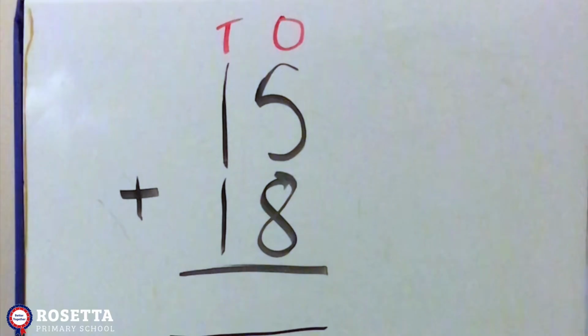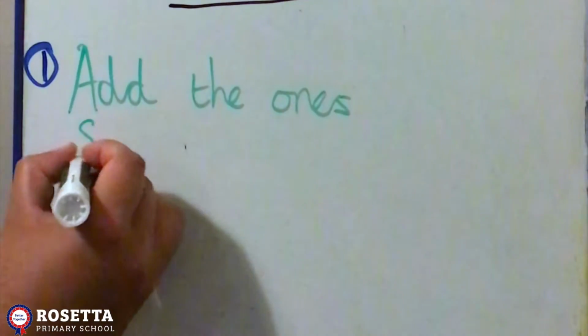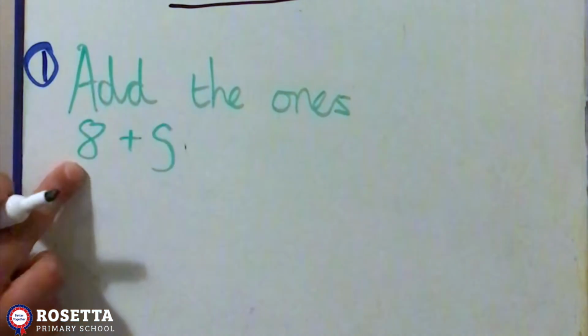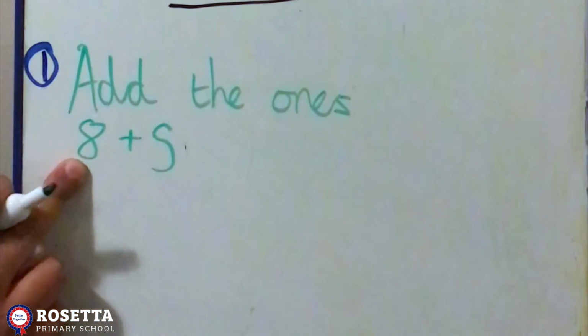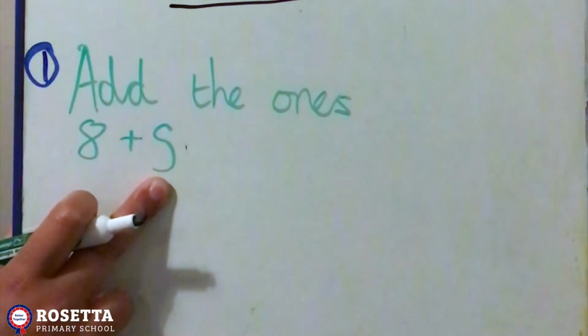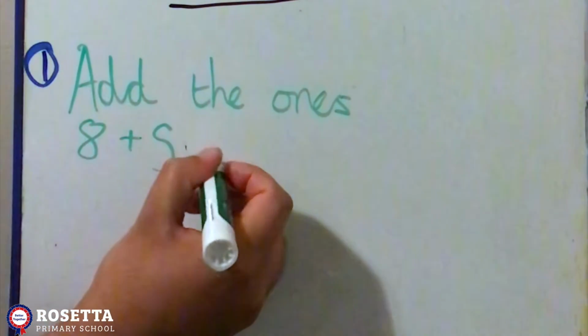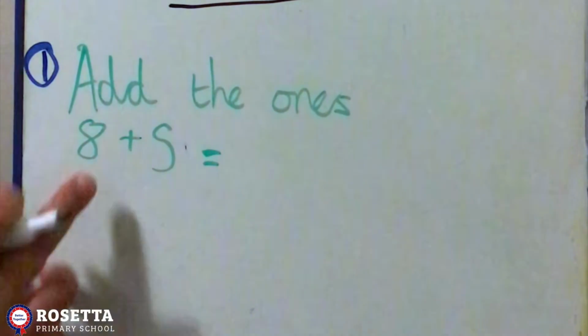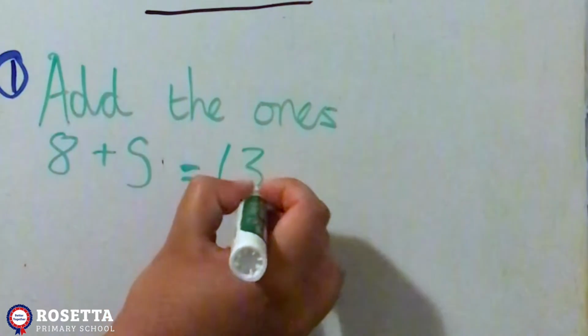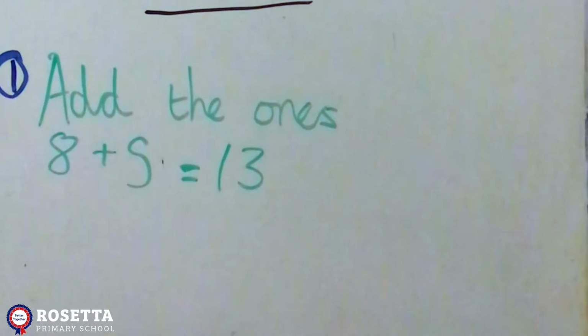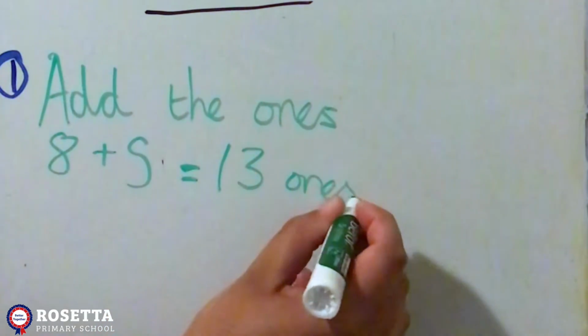Let's try again. 8 plus 5. Well done. So we've got 8 plus 5. Is this 8 what? It's 8 ones and 5 ones. Well done. So how many ones now do we have all together? Oh, that's right, well done. It is 13 what? It is 13 ones.